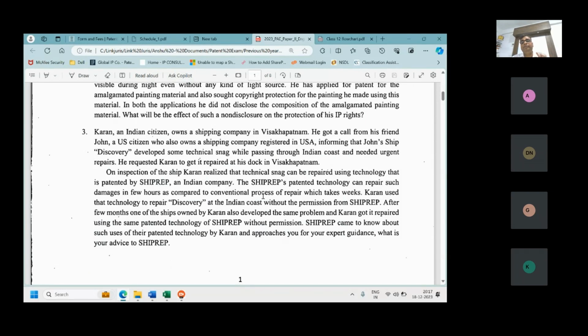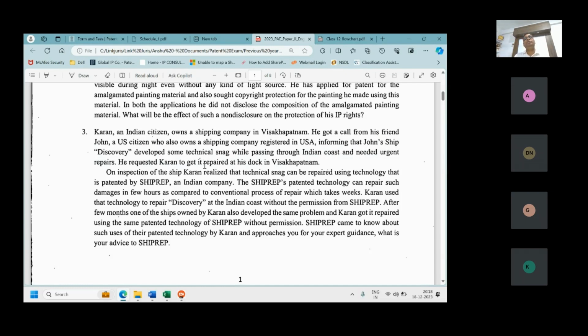Now the other half of the question we have to check. In that, Section 49, which we have just read, says that if on board a foreign vessel the invention is being used, and the ship is here temporarily or accidentally, a technical snag while passing through the Indian coast needing urgent repairs, it's only for a repair, and just for the time being, and the ship will be repaired on board only.